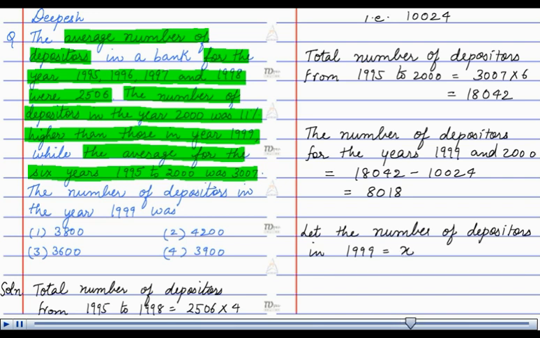then the number of depositors in the year 2000 will be given by X into 1 plus 11 by 100.